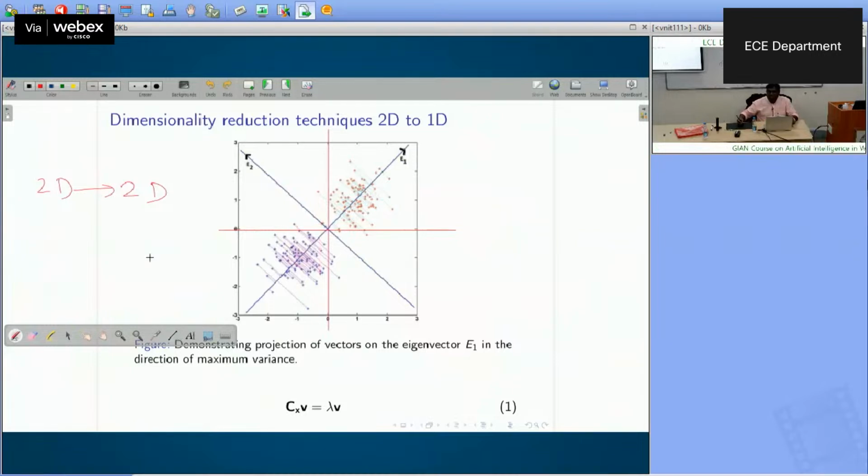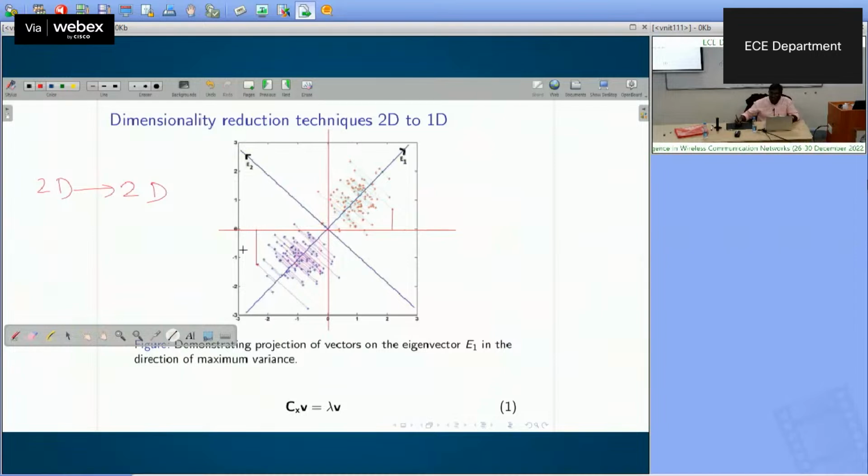Now, what will happen to the range after doing this projection? That is the major point I would like to tell you. See, for example, the extreme corner points here, as far as the original coordinate axis is considered.